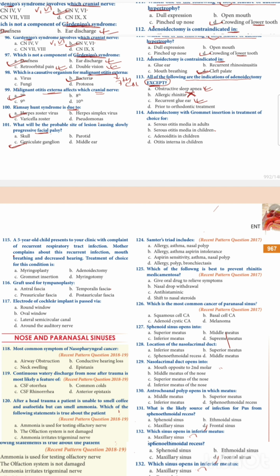Recurrent glue ear is an indication, and so is prior to orthodontic treatment. So which one is not an indication? Allergic rhinitis. Adenoidectomy with grommet insertion is the treatment of choice for serous otitis media in children.